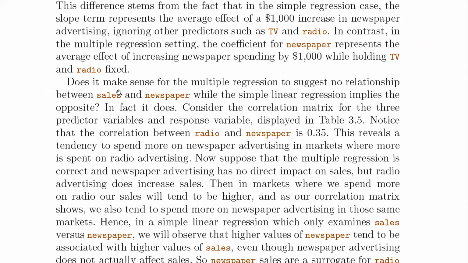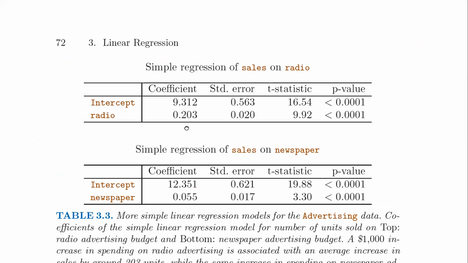So, does it make sense for the multiple regression to suggest no relationship between sales and newspaper, while the simple linear regression implies the opposite? Let's look at the simple linear regression again.